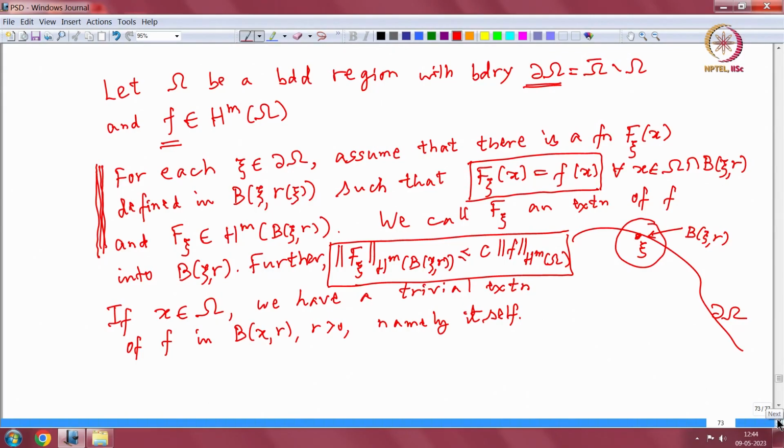So our main aim is to get that integration by parts first, and then we will see what we can do further. So next class there will be a discussion on the boundary.